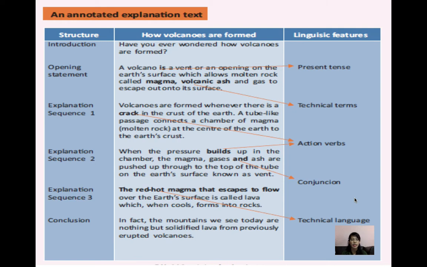"Is" is a present tense, and "volcanic" is a technical term, and "crack" is an action verb. "Crack" and "boiled" are action verbs, "and" is a conjunction, and "red hot" is technical language. So you can see it and read it by yourself. Pay attention and understand, okay?